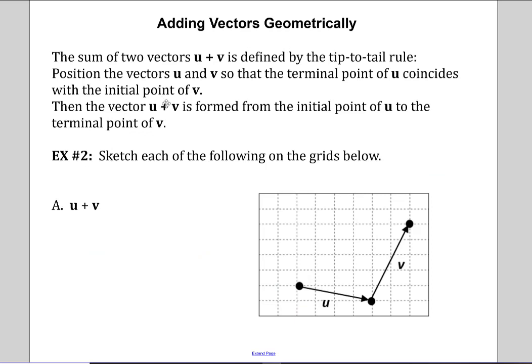When we add vectors geometrically, the sum of 2 vectors can be defined by the tip to tail rule. And that rule says if I have the position of vectors u and v, so that the terminal point, which is the arrowhead, of u coincides with the initial point of v, then the vector u plus v is formed from the initial point of u to the terminal point of v.